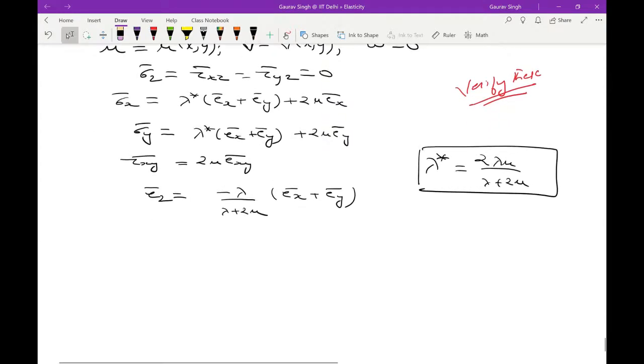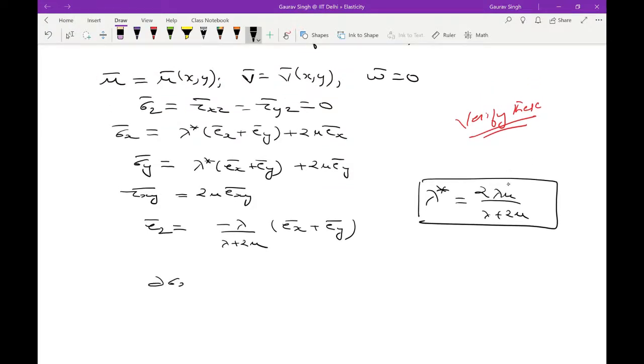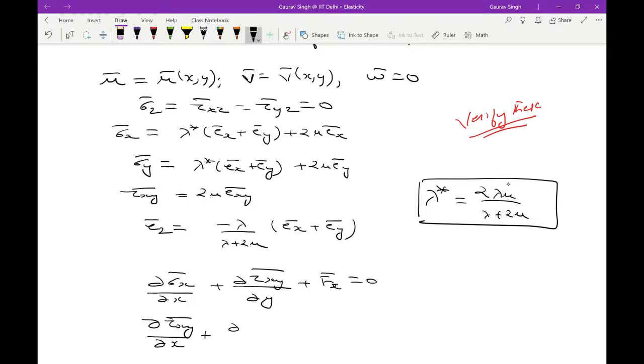Then the other two equilibrium equations would become, in the average sense, dou sigma x bar by dou x plus dou tau xy bar by dou y plus fx bar is equal to 0. Do remember that if you are writing any equation, we're using the averaged parameter, averaged term. All the terms in that should be averaged. You cannot write half of it in, for example, fy bar has to occur over here.